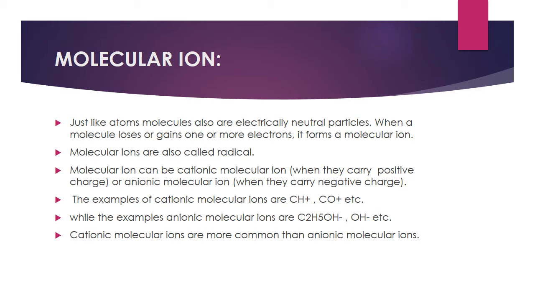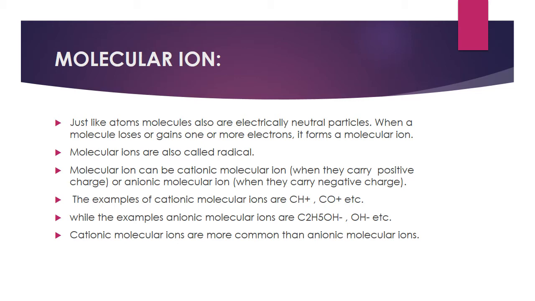Molecular ions are also called radicals, which can take part in chemical reactions. Molecular ion can be cationic when they carry positive charge, or anionic when they carry negative charge. Clear?